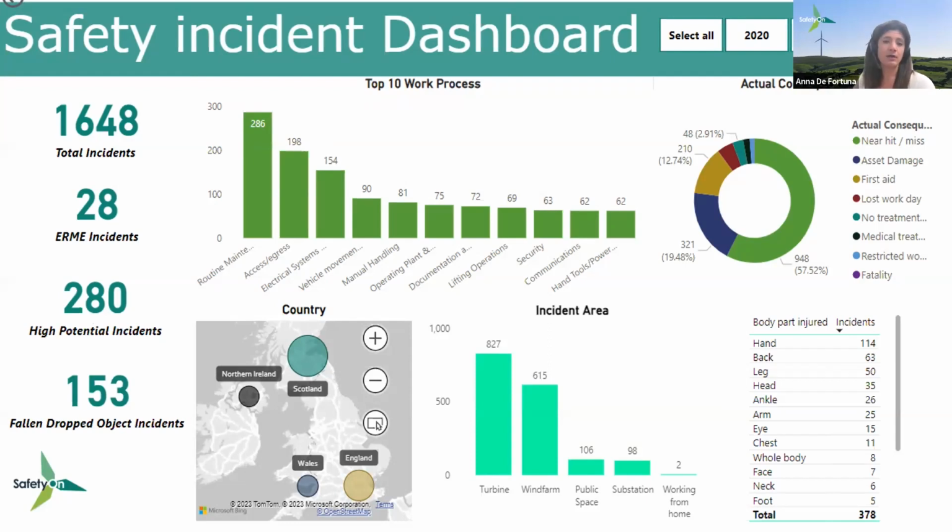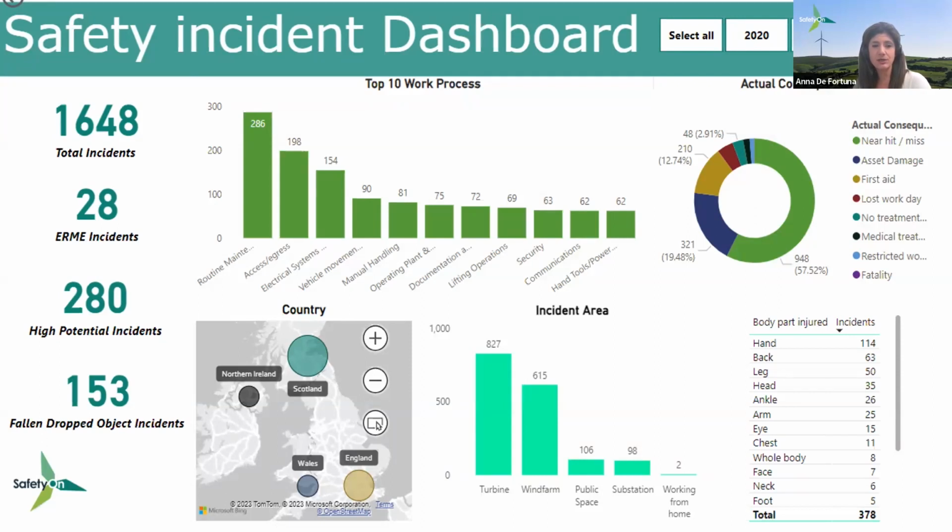Unless the load fell within a restricted area, so an area where, due to regulations or barriers, persons are not allowed to be in. So there's no potential of it impacting with persons. The potential of incidents will only be considered from near hit or near miss type incidents to higher type incidents.